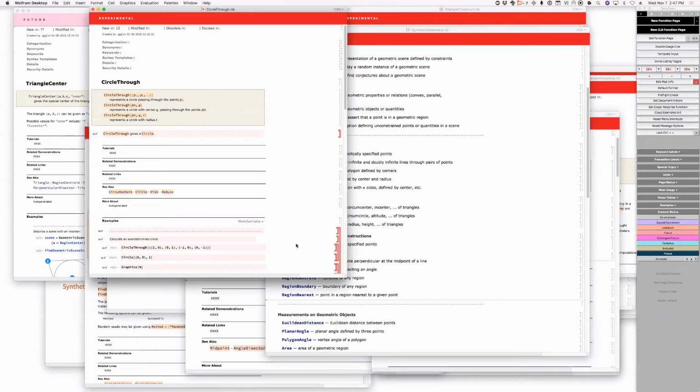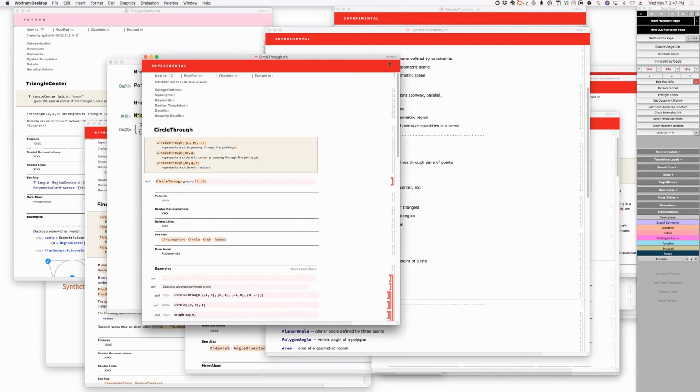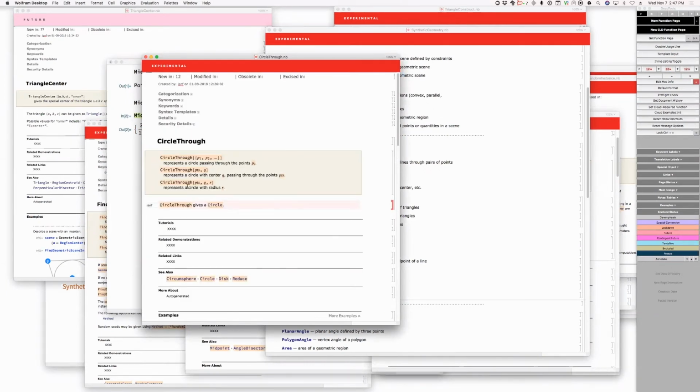Okay, let's keep going here. So now we've got circle through. What does it do if there isn't a circle? It should return unevaluated with a message.